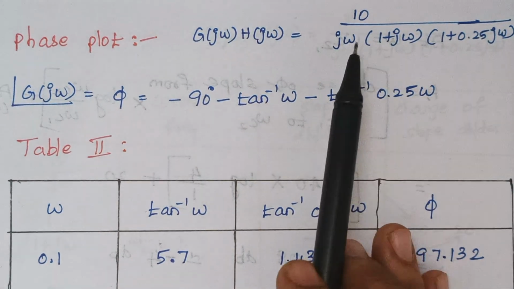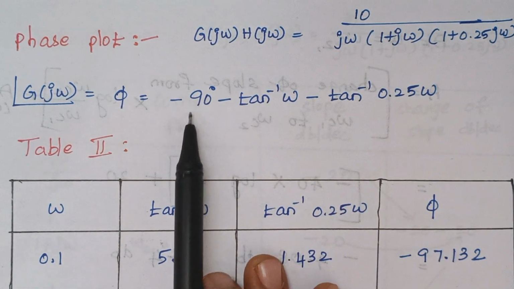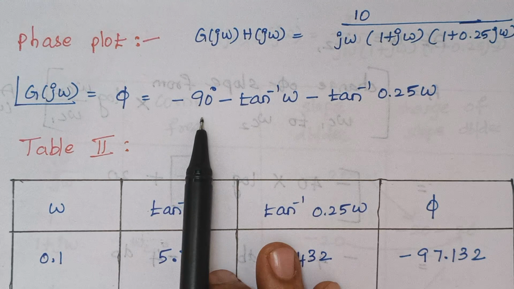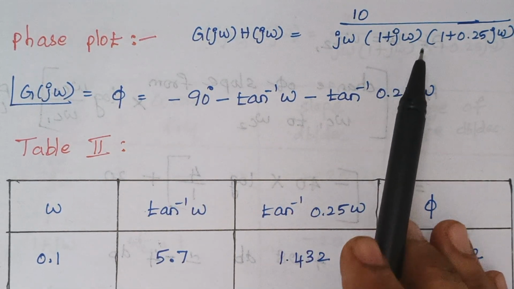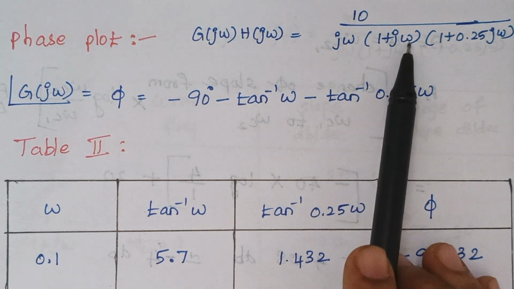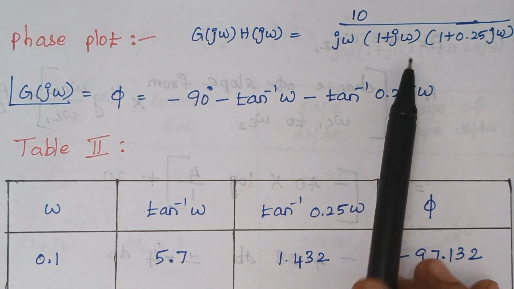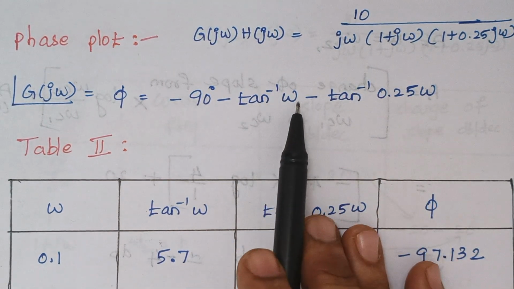Since omega lies in the denominator, here I am moving this to the numerator part, so I have included minus 90. And here this term is tan inverse of imaginary term divided by real term. Here what is your imaginary term? Imaginary term is omega and real term is 1. So tan inverse of omega by 1 is nothing but tan inverse of omega.